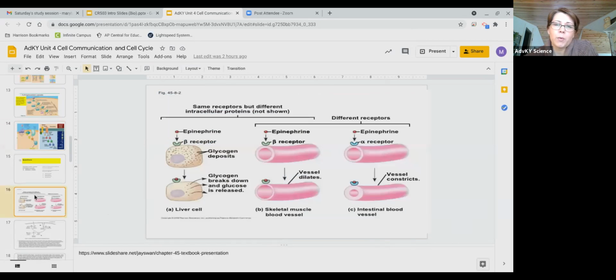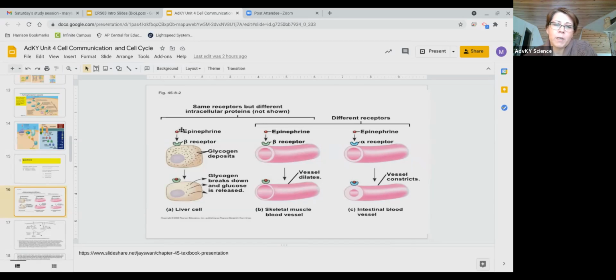Epinephrine is also a great example of one signaling molecule, and then depending on what cell it docks to, what receptors are available, we can get different responses. Here, you're not seeing the whole process. We have the same receptor on liver cells and skeletal muscle blood vessels, but those transduction proteins are different, and that allows these two cells to respond differently.